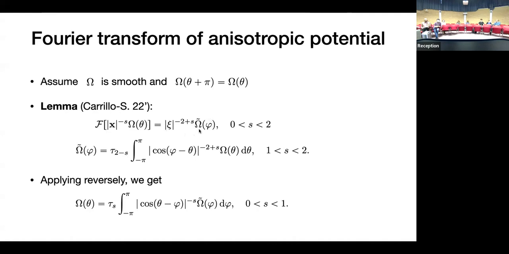And here the angle function, which I denoted the angle variable on the Fourier side by phi, is given by some convolution operator acting on omega, at least for a particular range of s.